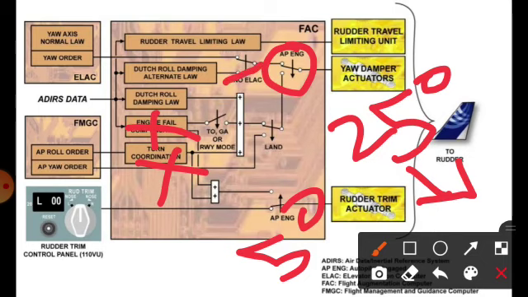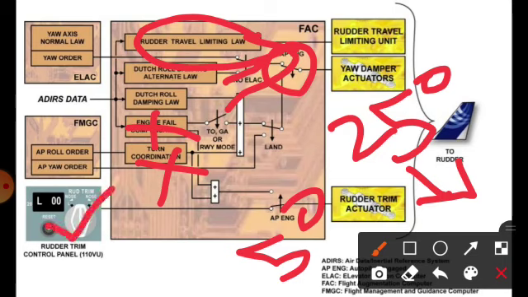So when both ELACs are failed, autopilot cannot be engaged anymore. Engine failure compensation loss, turn coordination loss, rudder travel limiting decreased, and in alternate law very limited options are available. No autoland, nothing. And manual trim is available. You can see here in alternate law as well.